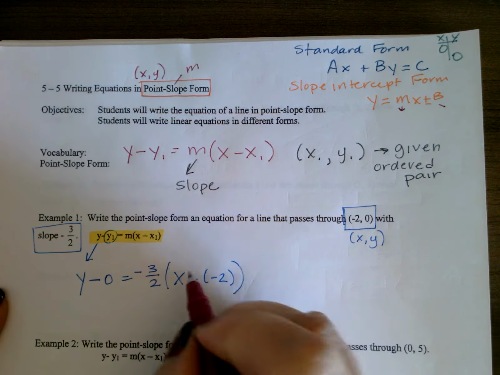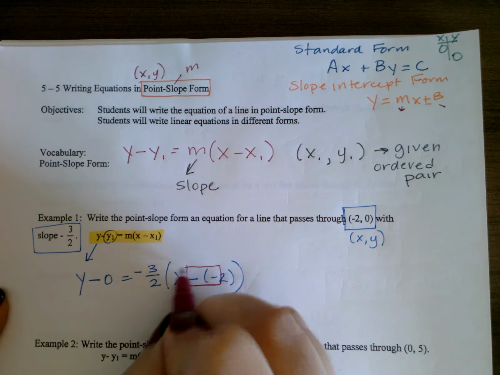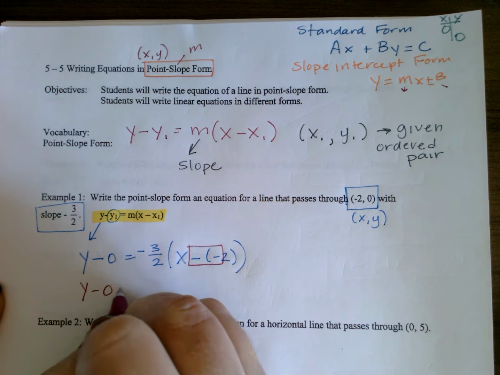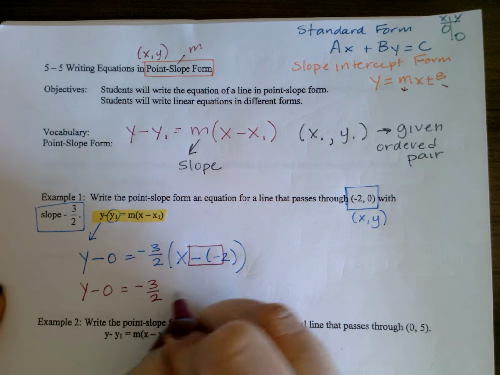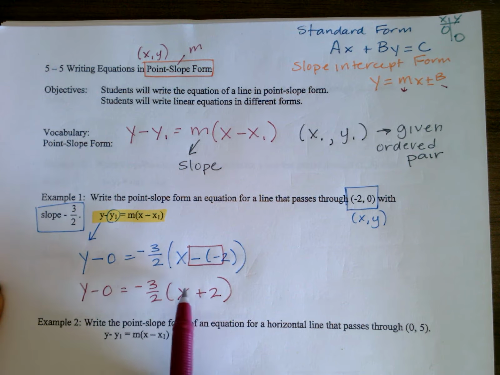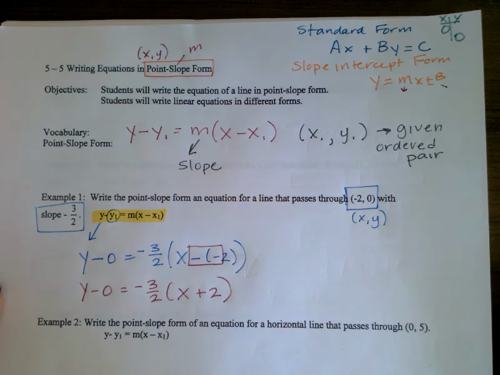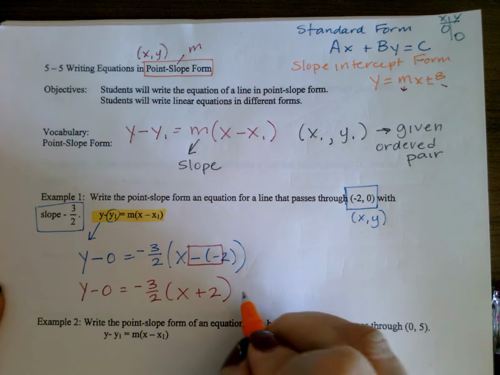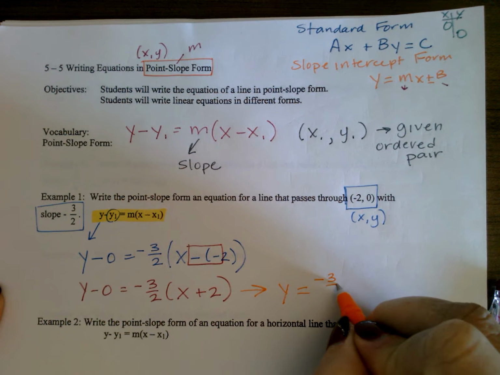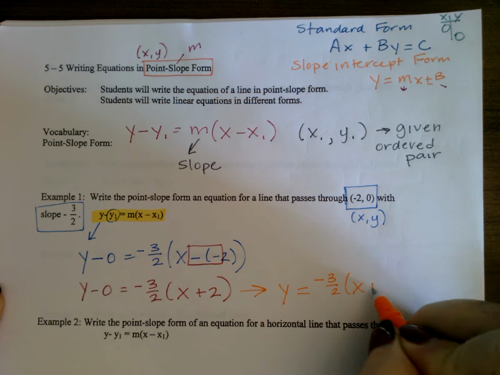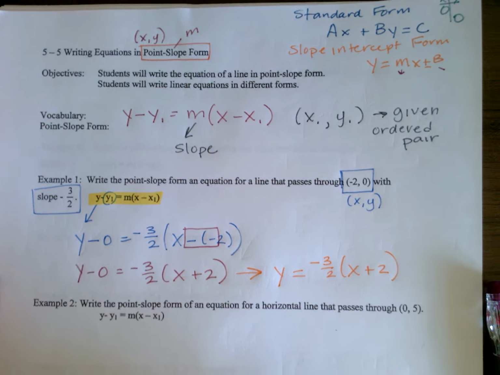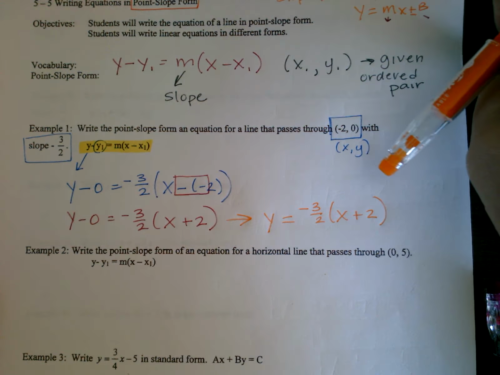Now, I do not want to see two signs. It becomes confusing. So y minus 0 equals -3/2 times x plus 2. Only one sign. Is it really necessary to put -0 there? Y equals -3/2 x plus 2. Both of those answers are great for me.